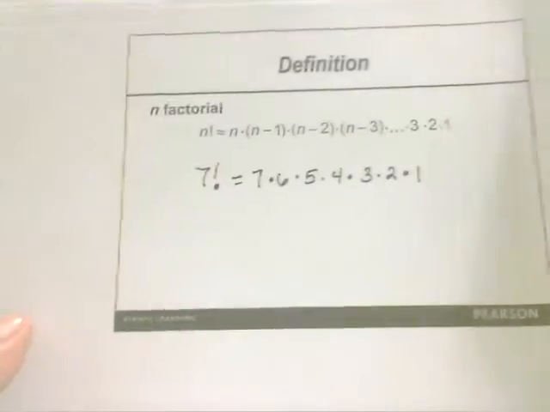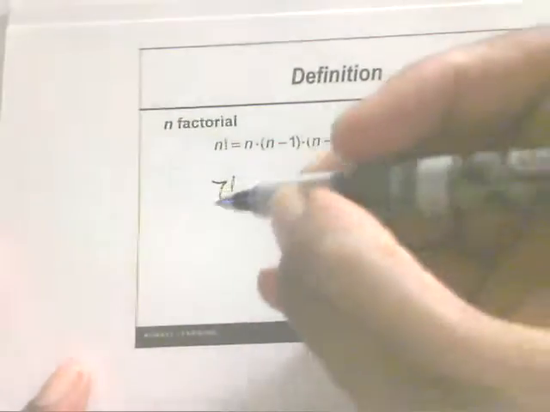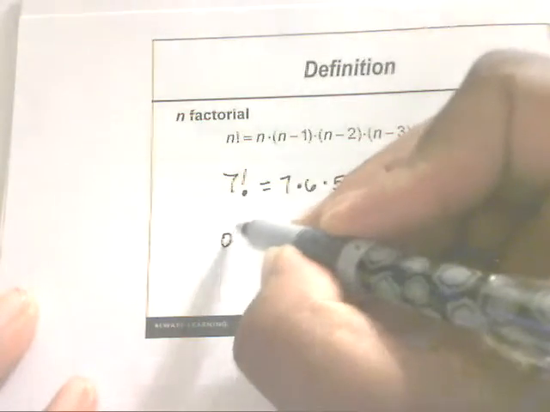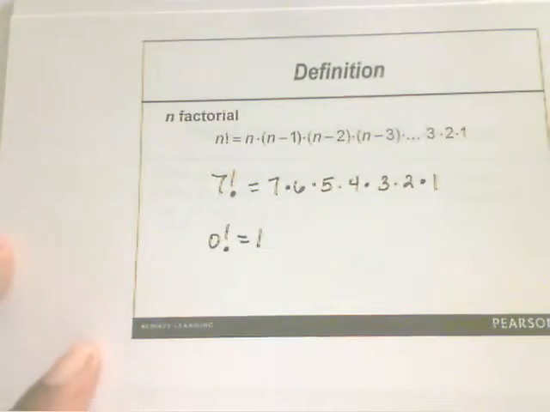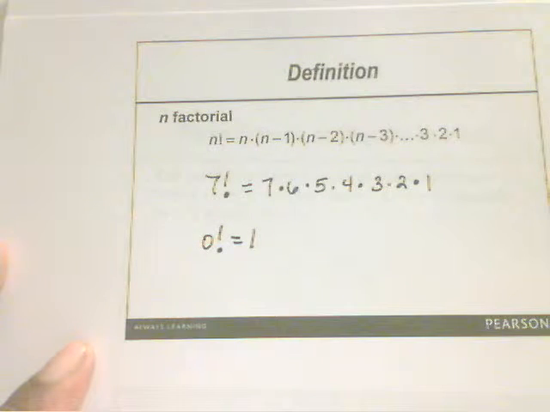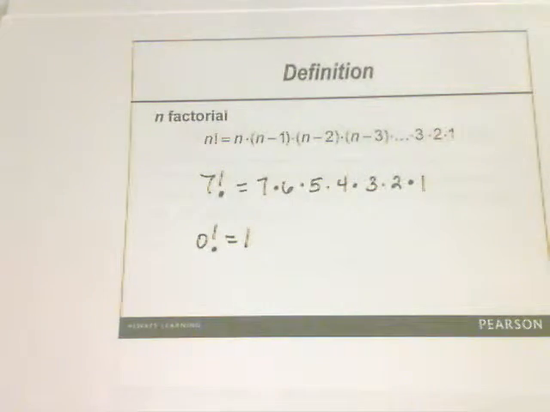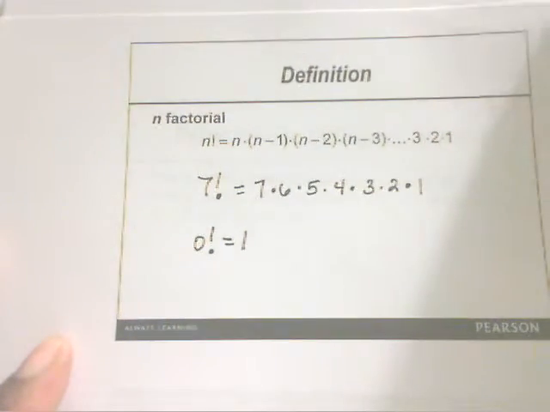I also need to mention, since I'm on the subject of n factorial, that by definition, 0 factorial is always going to be equal to 1.